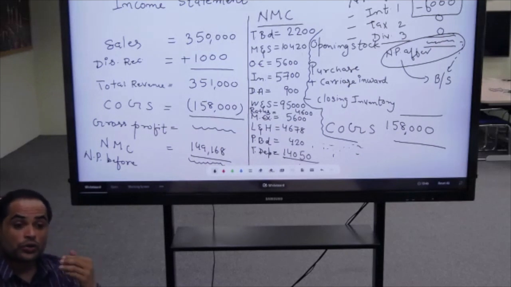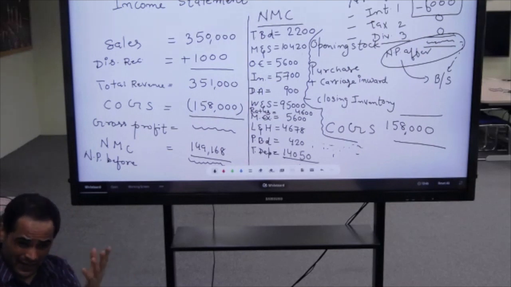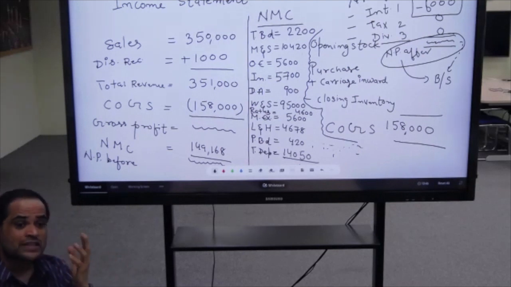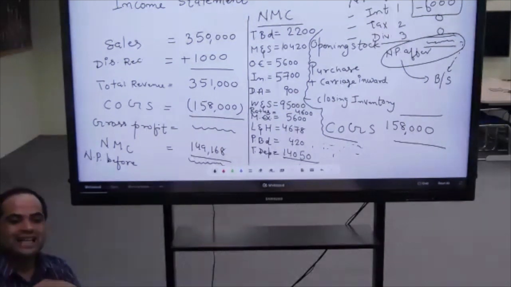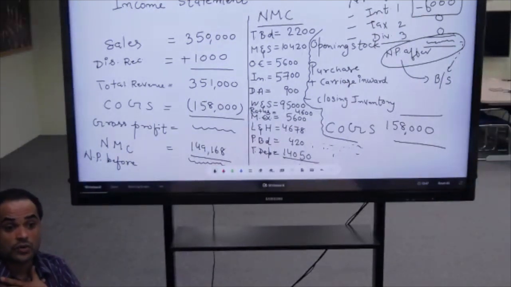On the other hand, discounts received. Sometimes we buy some supplies, some material, purchase some item for the company, and we get some discounts from the seller, or we receive some discounts from the supplier. That means my cost has been reduced. I'm supposed to pay 4,000, with a 10% discount, which is 400.